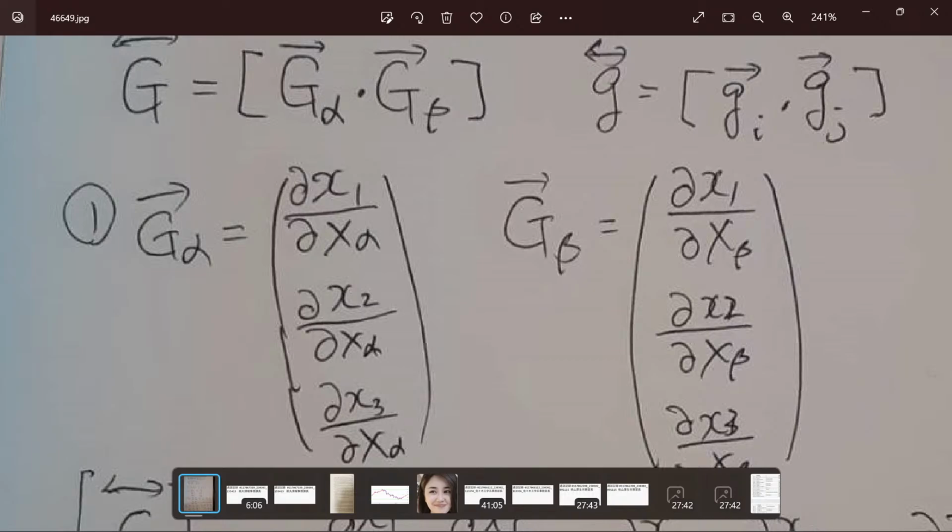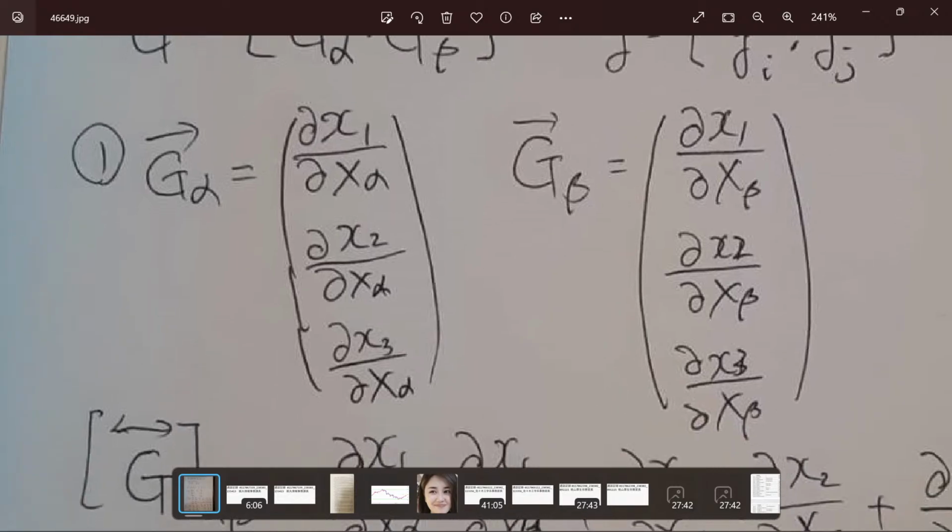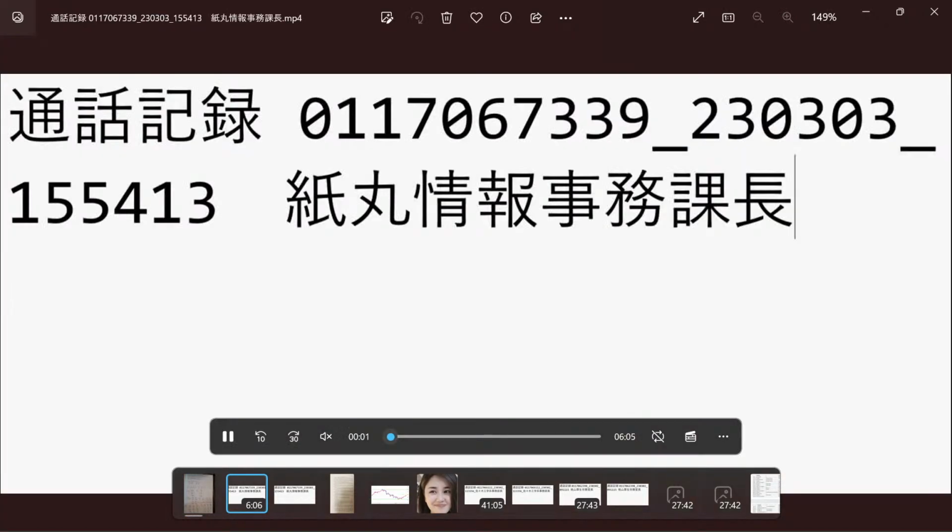Then the index alpha goes to the bottom: partial large X over partial alpha. The same thing applies to G beta. Upstairs you have small x1, small x2, small x3, but downstairs you have, it's too bad.